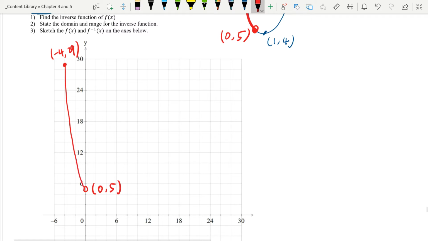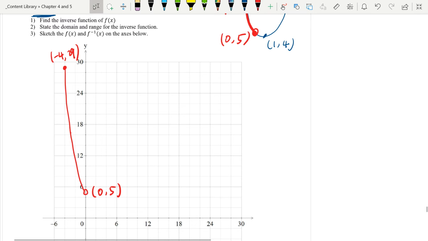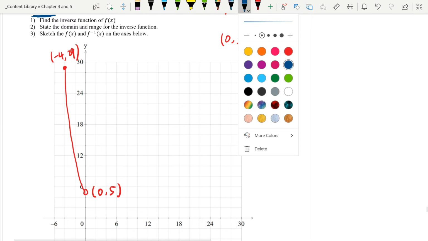Okay, that's kind of the shape of this graph. Hope everyone gets that.